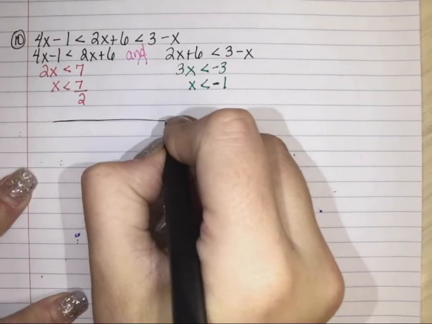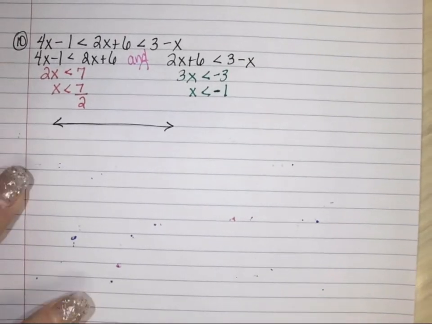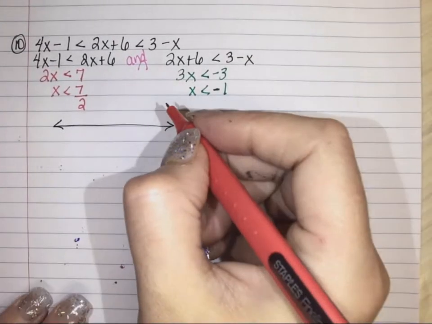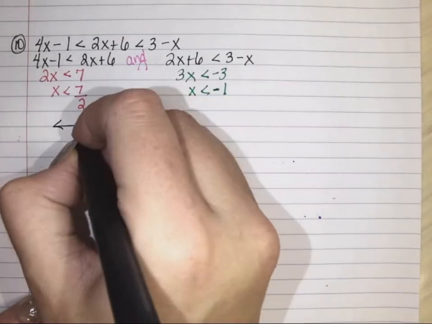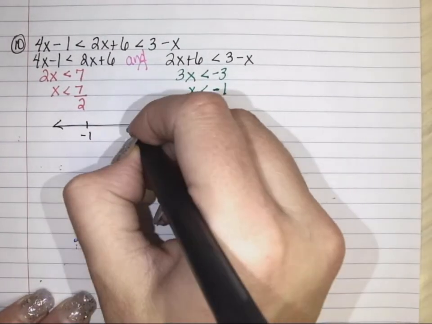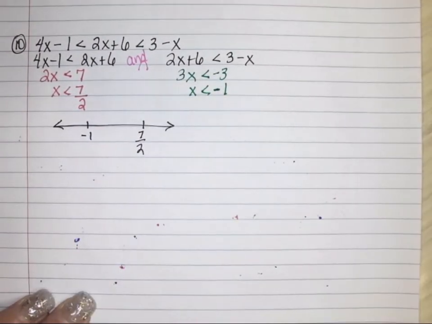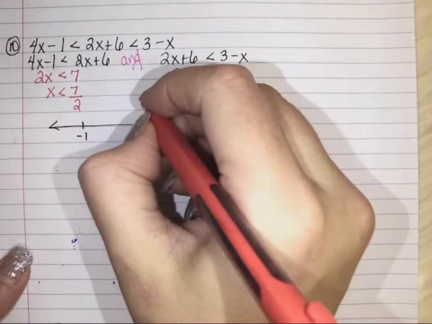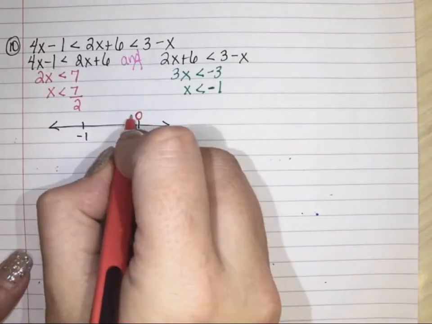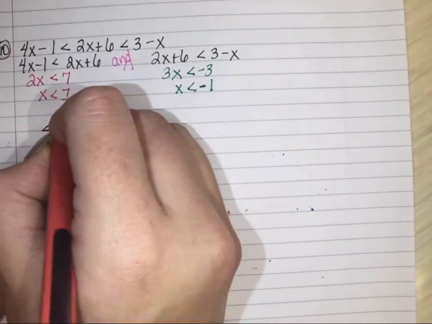Plot both solution sets on the number line. Seven halves is 3.5, and it's positive, so it definitely comes after negative 1 on the number line. 7 halves gets an open hole, and it's shaded to the left.